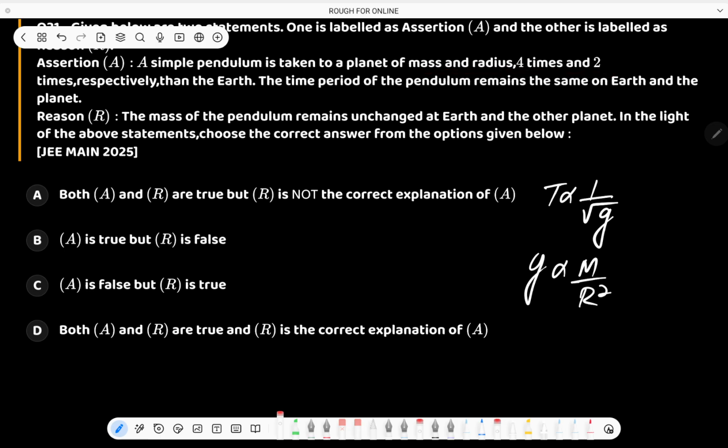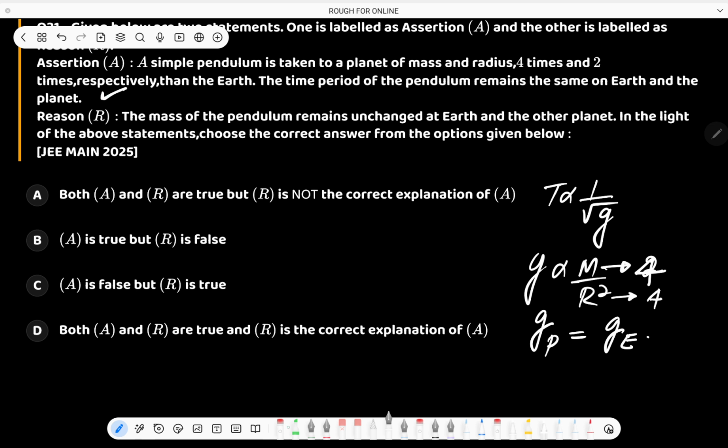So the mass is 4 times, and the radius is 2 times, and 2 square is 4, which implies that the acceleration due to gravity on that planet will be exactly the same as the acceleration due to gravity on the earth, because the mass is 4 times and the radius is 2 times, 2 square is 4, so obviously 4 divided by 4 will cancel, so the acceleration due to gravity will stay the same, which implies that the first statement is correct, that's true.